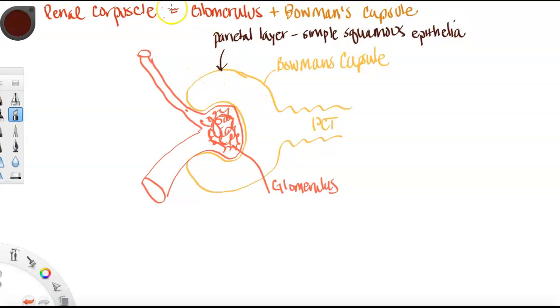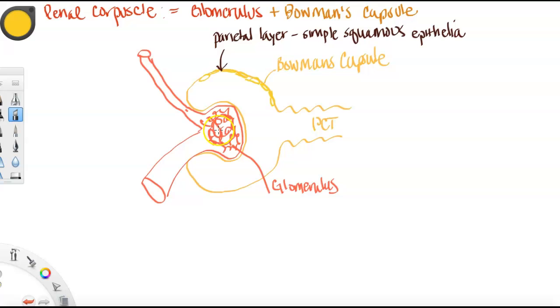Okay. So that means that all the cells out here are flat squamous cells that surround the capsule. That's the walls of the capsule. Okay.